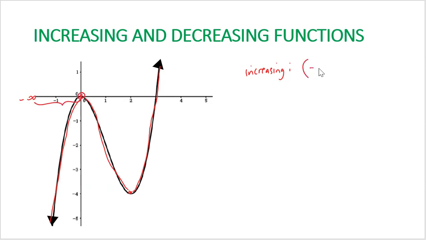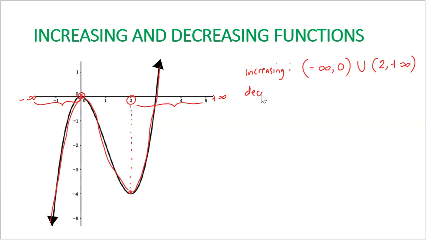So we write it as parenthesis negative infinity, comma 0, close parenthesis. And then union, the other interval where the graph is increasing is from x equals 2 going to positive infinity. So we shall write it as parenthesis 2, comma, positive infinity.